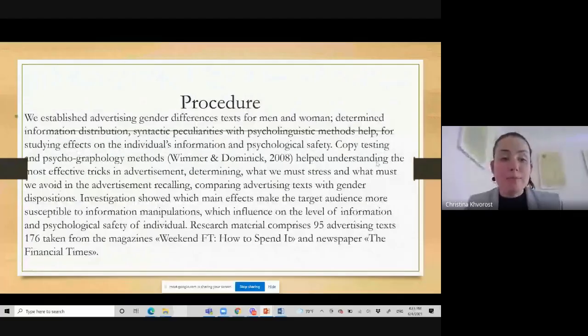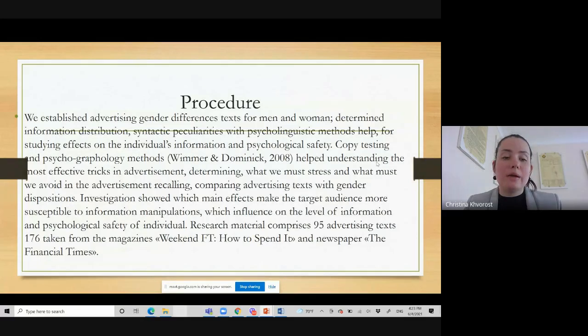Establishing advertising gender differences text for men and women, determining information distribution and syntactic peculiarities with the psycholinguistic methods helped for studying effects on the individual's information and psychological safety. Copy testing and psychographological methods helped understanding the most effective tricks in advertisement, determining what we must stress and what must be avoided in the advertisement, recalling, comparing advertising text with gender disposition.